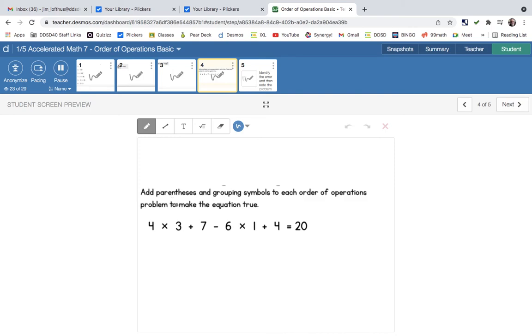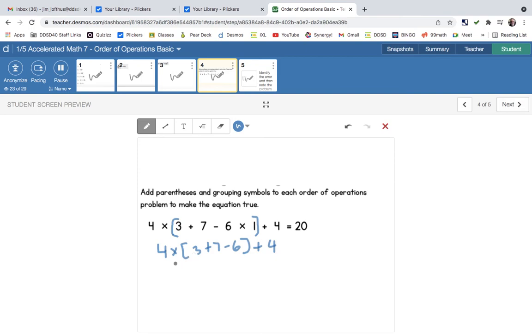We need to add parentheses and grouping symbols to each order of operation problem to make the equation true. If we put a parenthesis or a bracket right here and right here, then we do 4 times, and then we're going to do 3 plus 7 minus 6 plus 4.